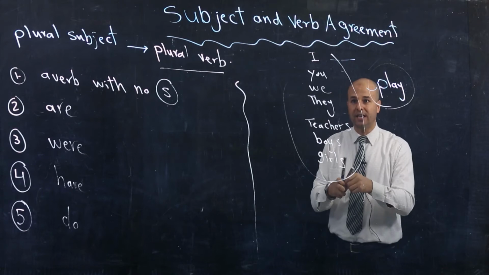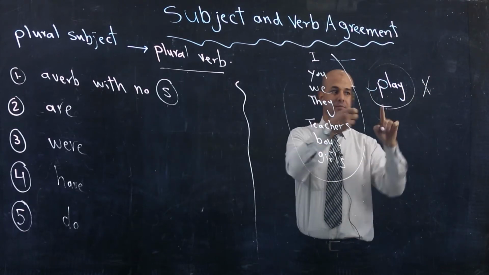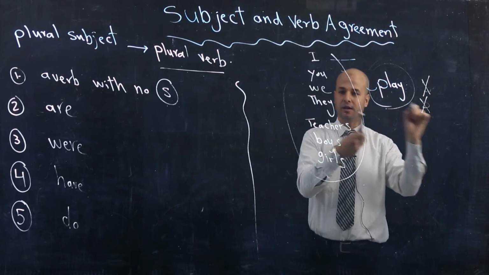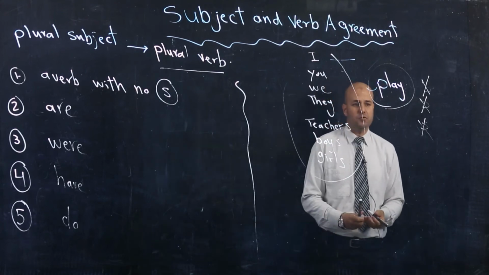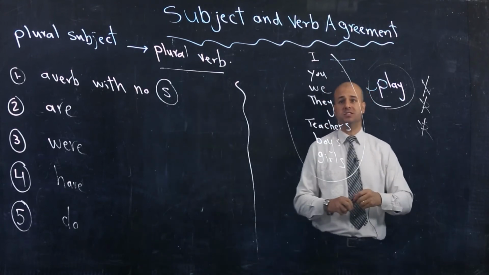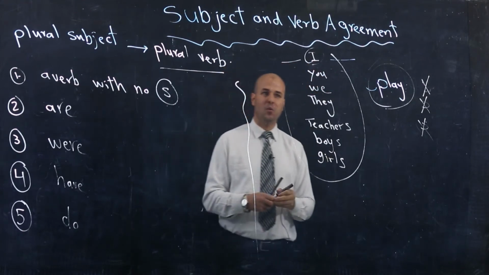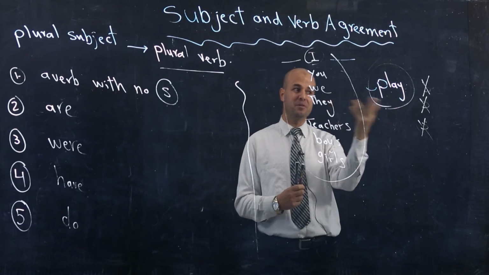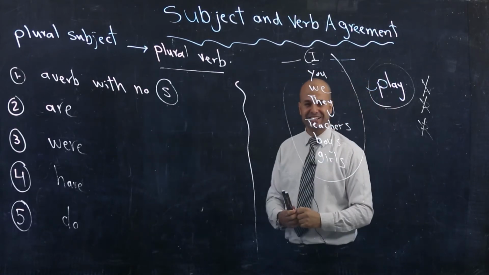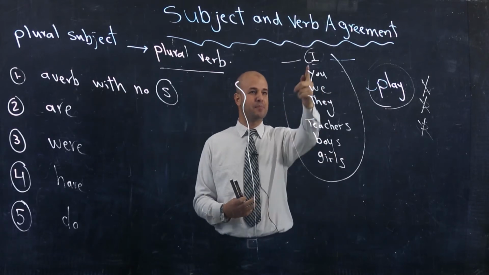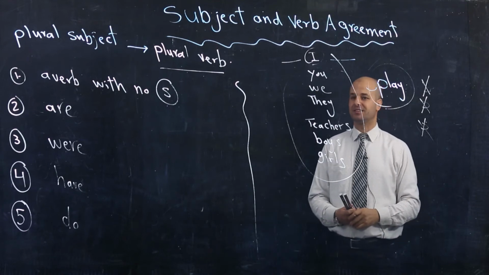Is it right, mister, to say you plays? No. We plays? No. They plays? No. So one of my dear students asked me, Mister, I is a singular subject. Why does it come before a verb with no s? It's an exception. It's an exception for the pronoun I to come before a verb with no s.